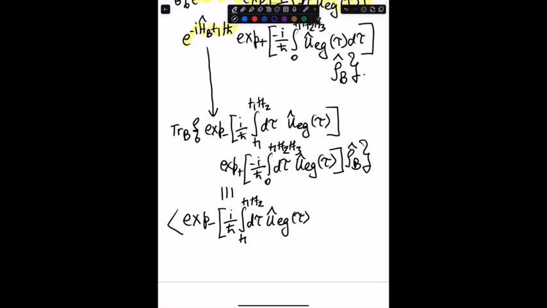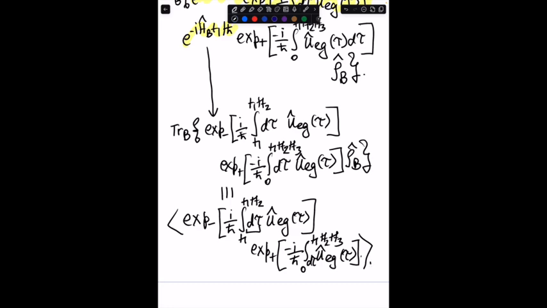I apologize for moving this infinitesimal d tau towards the left and right constantly, but that doesn't make a difference. Then integrated from 0 to t1 plus t2 plus t3, you had eg tau. Let me just leave it towards the left this time, d tau. And then this is a Bath equilibrium expectation value. And this was called F1, the dephasing function corresponding to the R1 response function.